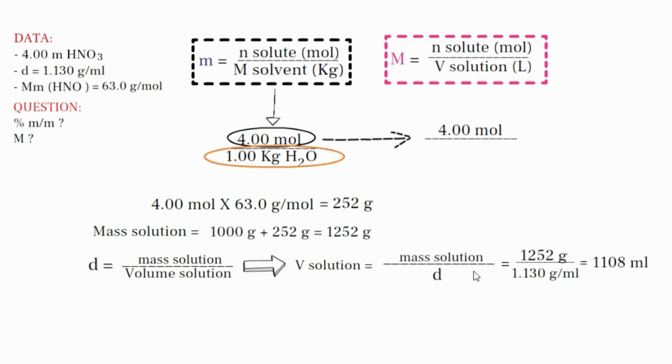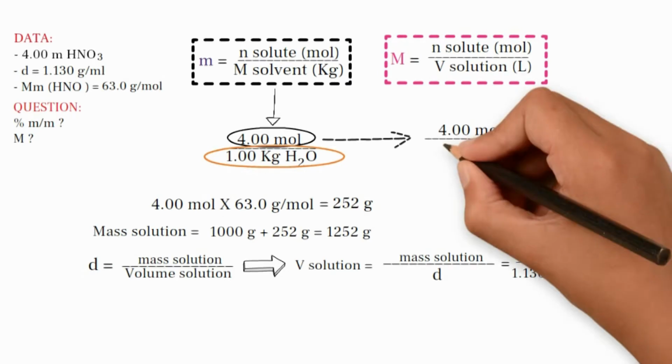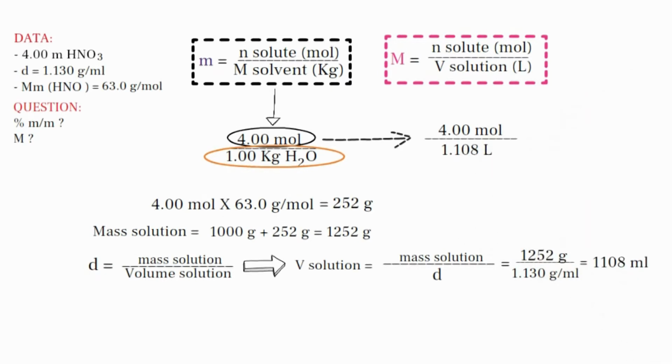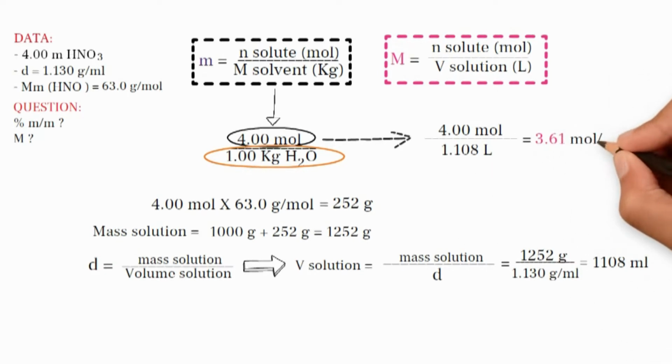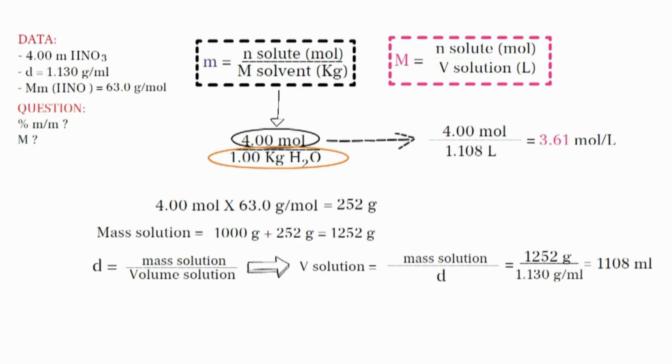Of course, we have the volume in milliliter because density is expressed in gram per milliliter. But the volume of solution must be in liters, so just convert this into liters by dividing by 1000, and you will have 1.108 liters. So the answer of the problem is 3.61 mole over liter.